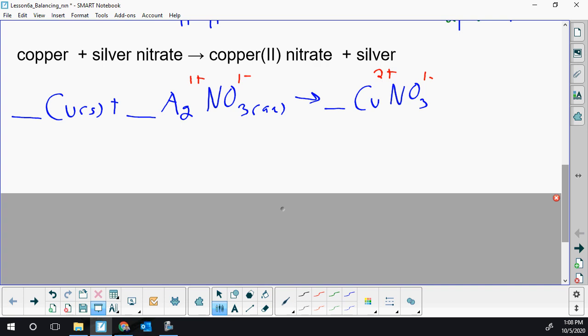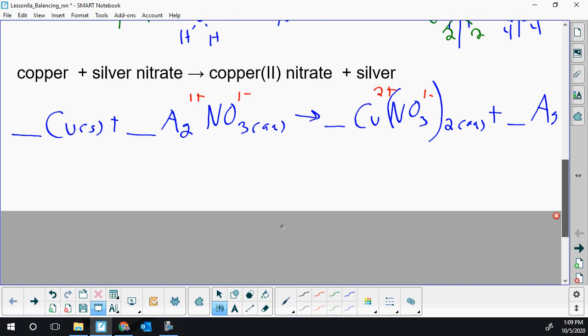Well, I already have +2, so I need 1 copper. I don't write in a subscript 1. I need 2 nitrates. When you have polyatomics, you have to bracket the whole thing so you can double the whole thing. That's another. Plus silver, one thing all by itself, and the metals come in ones. I didn't quite have enough room to write solid at the end.